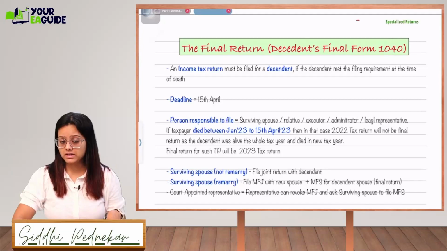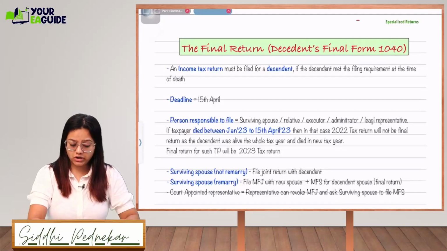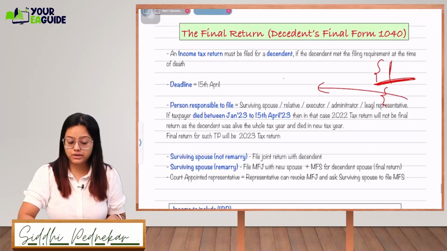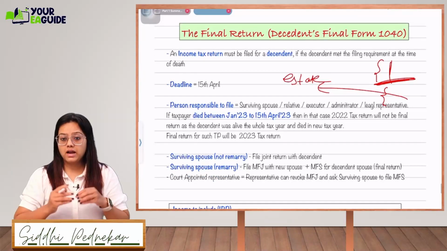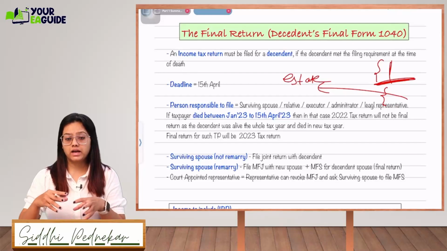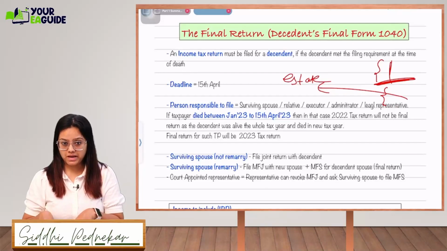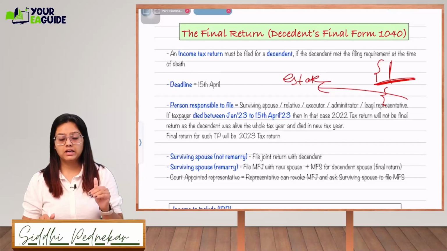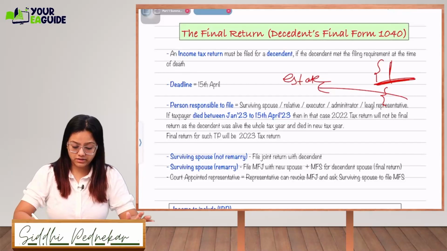If it's a cash basis, then whatever amount has been received till the time of death, only that much will be included. After the death, whatever income is earned will all get transferred to the estate, and the estate will include it in its income, reduce some expenses, we'll see what all expenses can be reduced, and the remaining you are going to pay on the estate tax return.